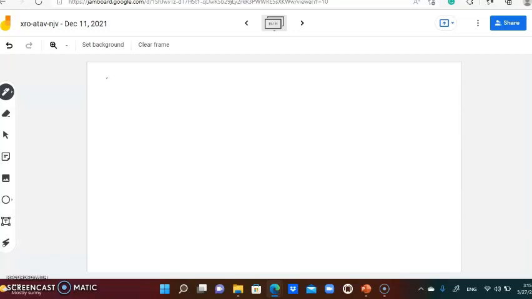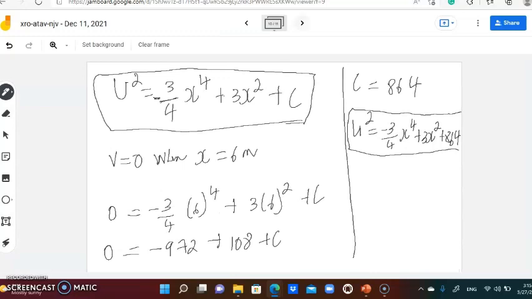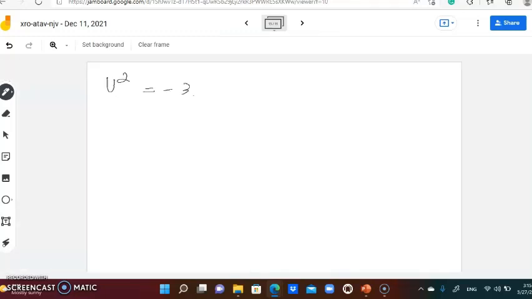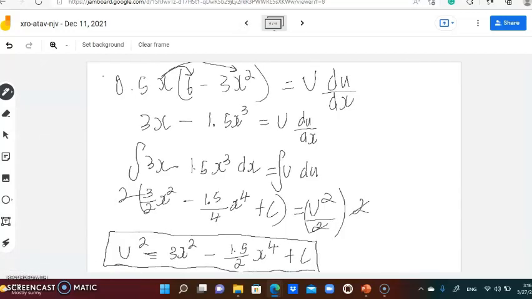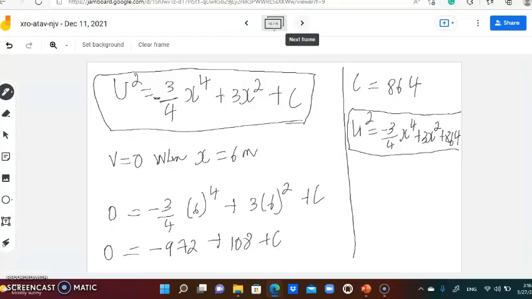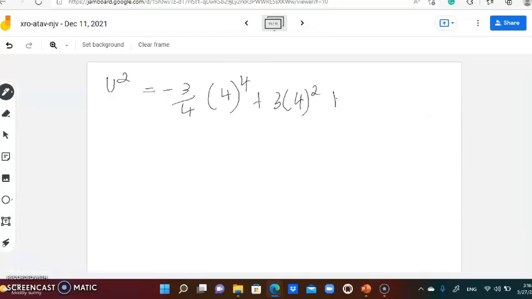So u squared when x is equal to 4 meters is going to be negative 3/4 times 4 to the 4th power plus 3 times 4 to the 2nd power plus 864. Right? And of course we can simplify all of what is happening here.